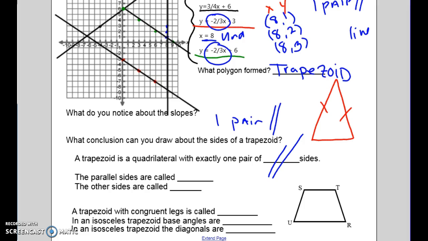What else do you know? It has 2 base angles that are equal. So these 2 angles are congruent, right? Okay. What is this side right here called? A leg. Very good. And what's this side called? A leg. And what's this side called down here? Your base.